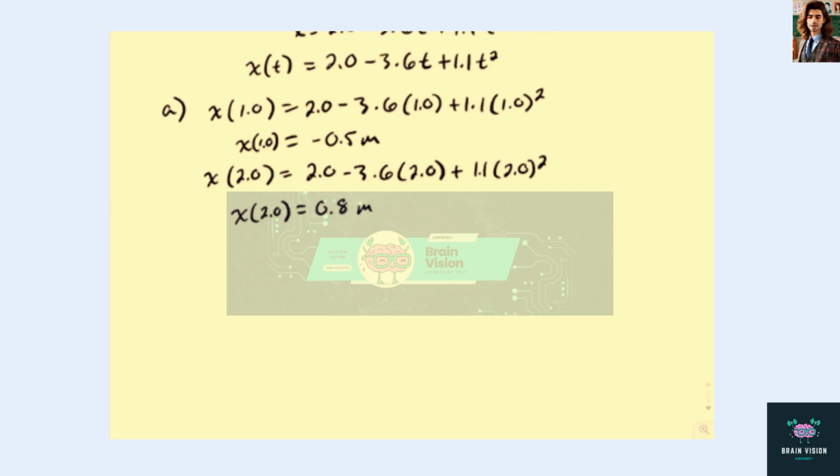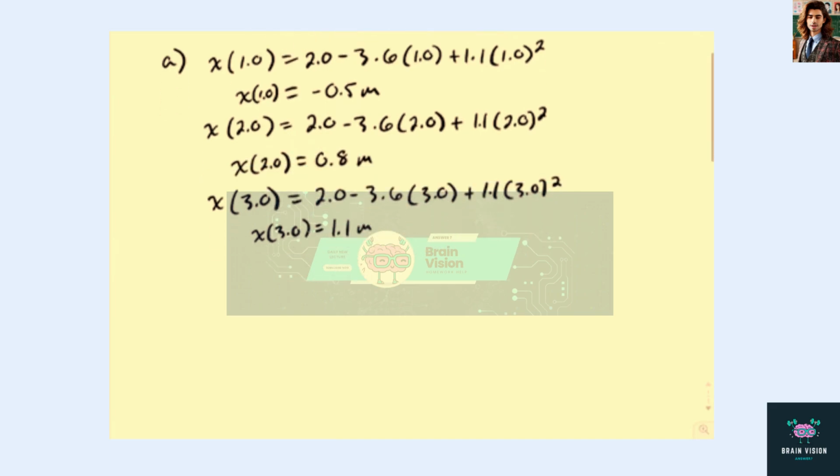And then plug in 3 seconds. Plus 1.1, 3 squared. And this is going to equal 1.1 meters.